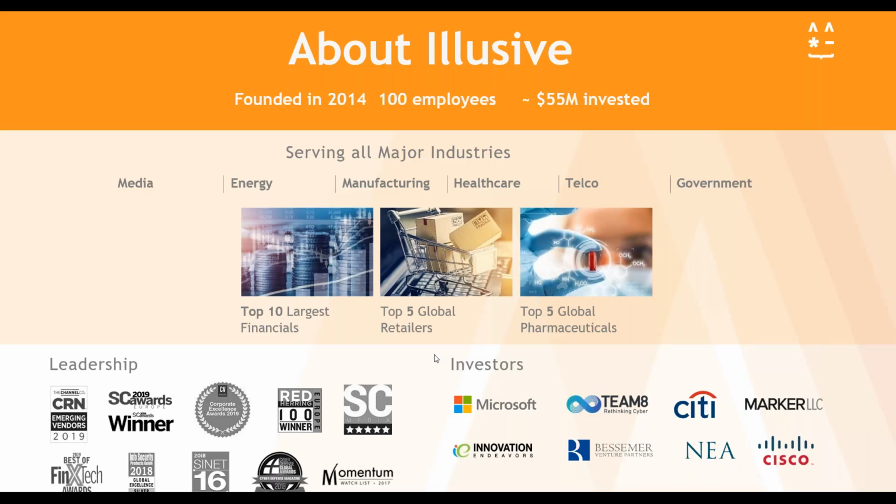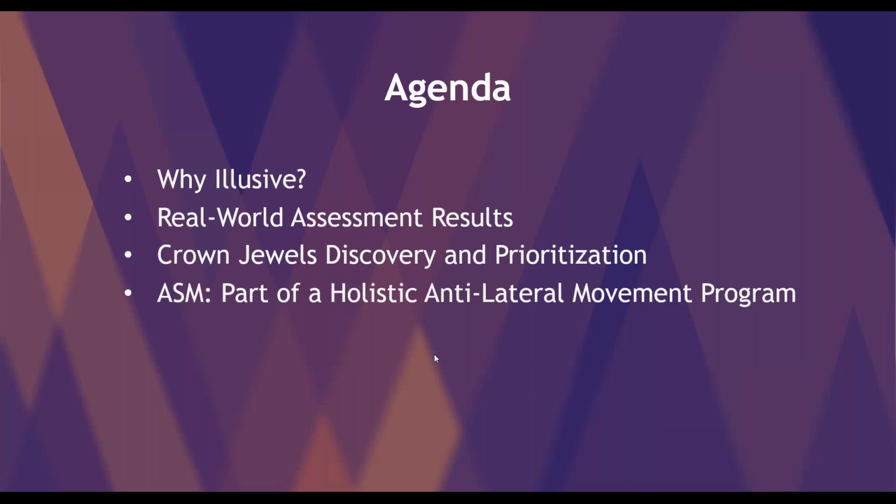The first thing I want to get at is just what we're going to cover in this session. I'm going to talk a little bit about Elusive as an organization, and then we'll dig into some real world assessment results. I think this is a lot of fun. One of the things that Elusive does is go in and perform security assessments for how organizations are positioned in this space.